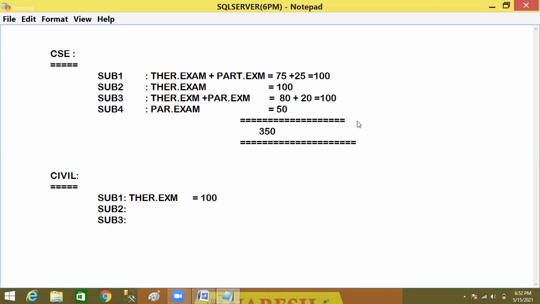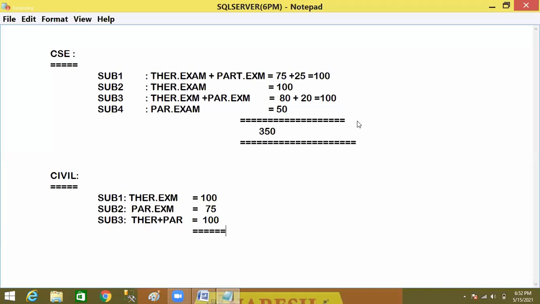Next, the second subject has only a practical exam, which is 75 marks, and subject 3 has theory plus practical, which is 100 marks.